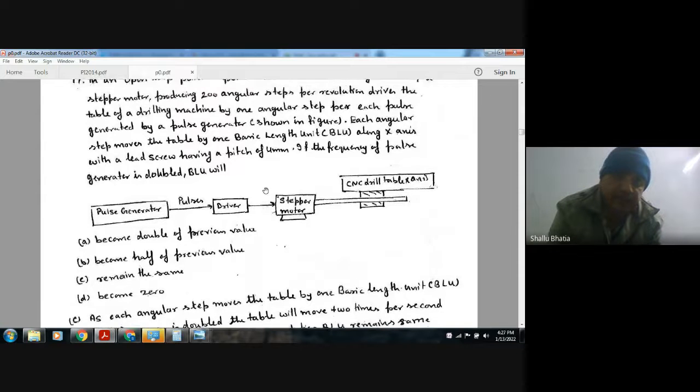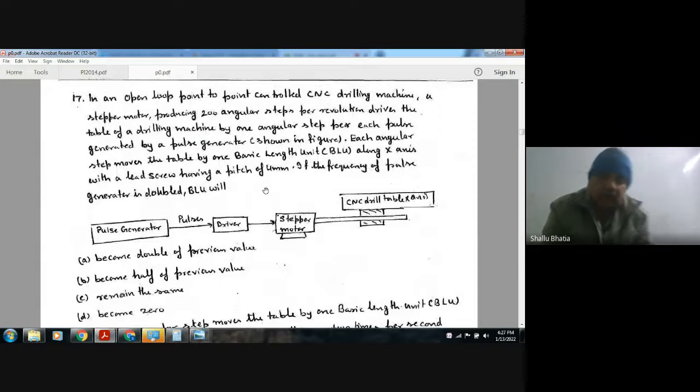So the basic length unit is, in one revolution, what is the axial advancement of the lead screw?